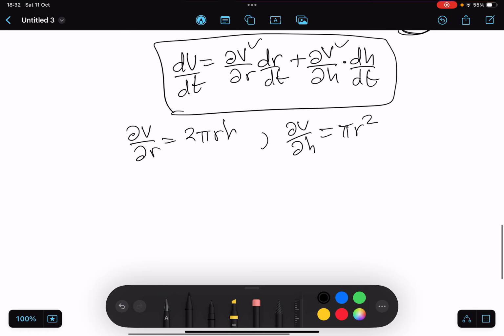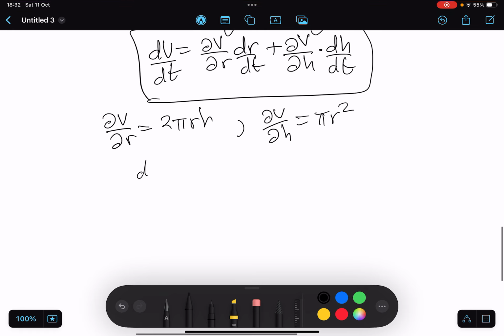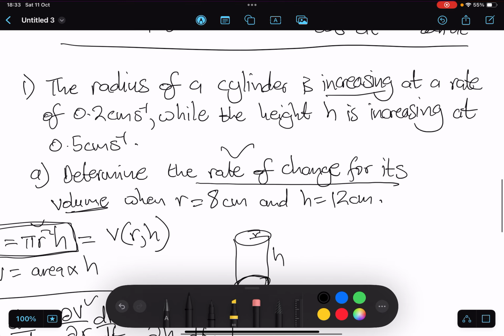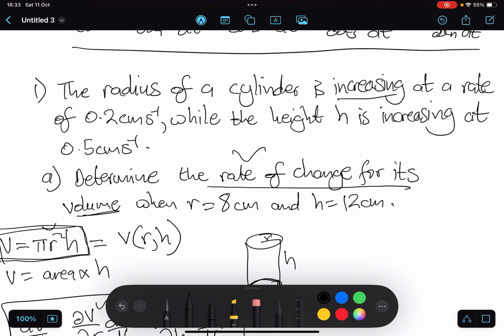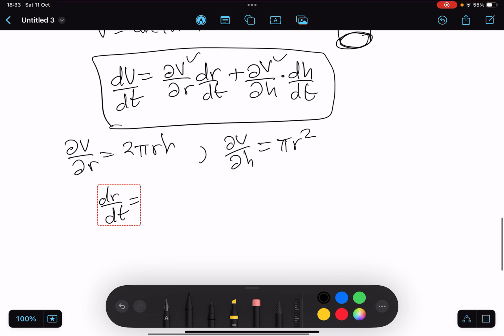And then now, what is dR dt? We are given that the radius of the cylinder was increasing at a rate of 0.2 centimeter per second, right?